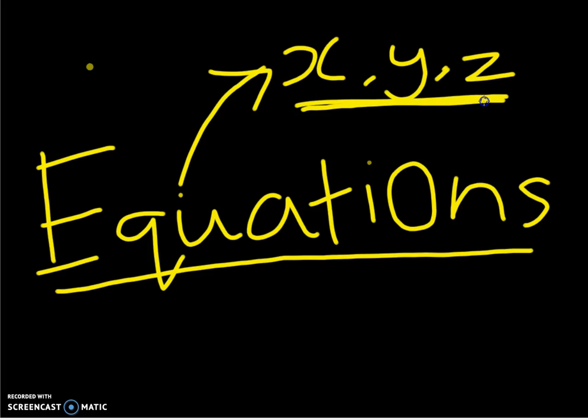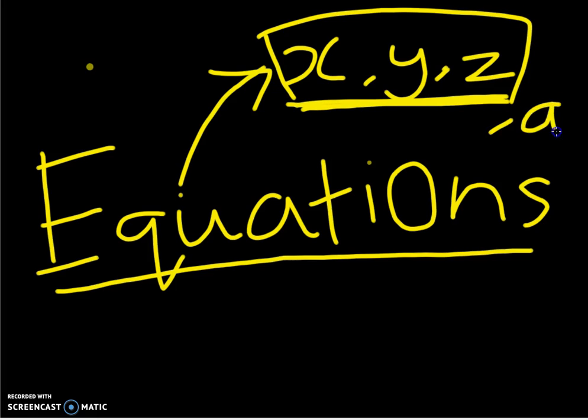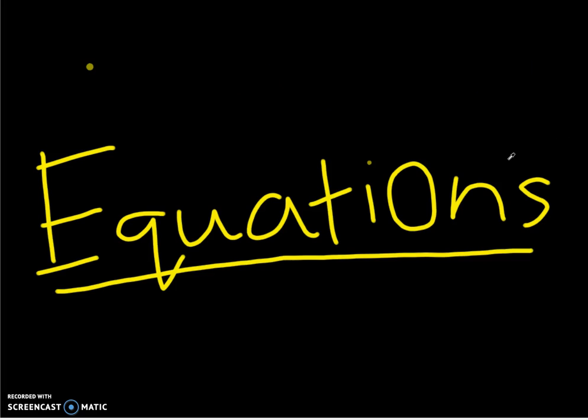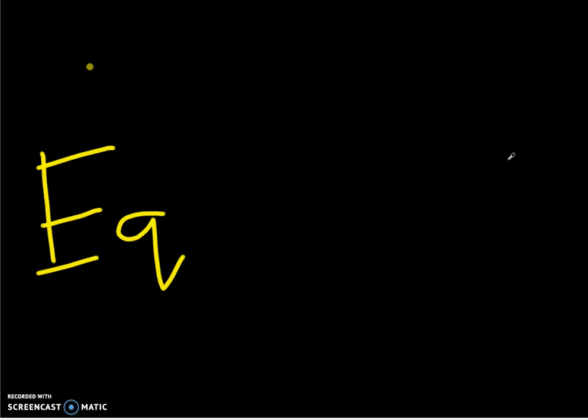A known value is something we already know, like 1, 2, or 3. But for the values of x, y, z, a, or any alphabet or algebraic expression, we don't actually know what the value is. So the basic concept of equations is to figure out what these algebraic expressions or variables actually stand for.